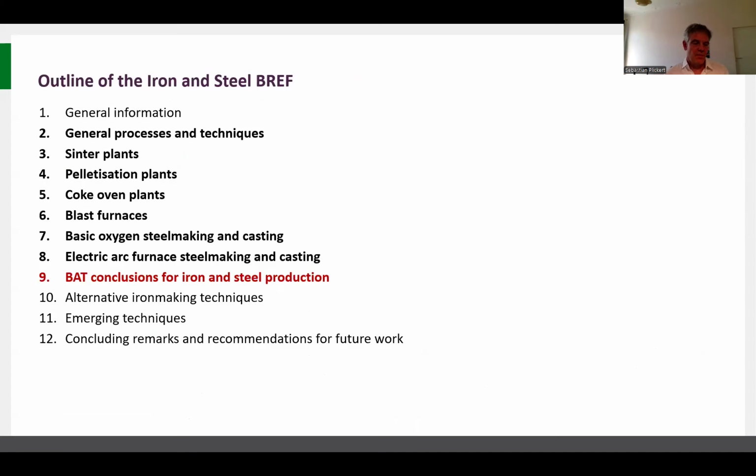And then the core information is condensed into the BAT conclusions for iron and steel production, which is then later adopted by the EU Commission and so becomes the legal document with the legal requirements. Next, please.